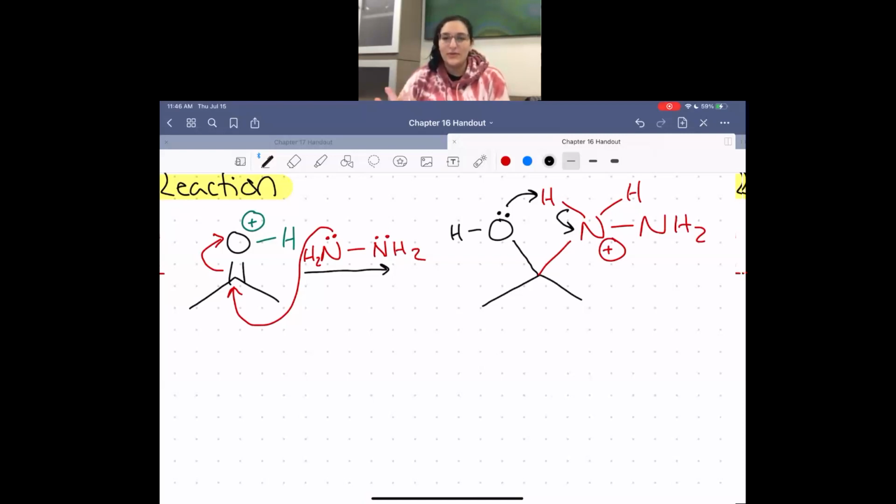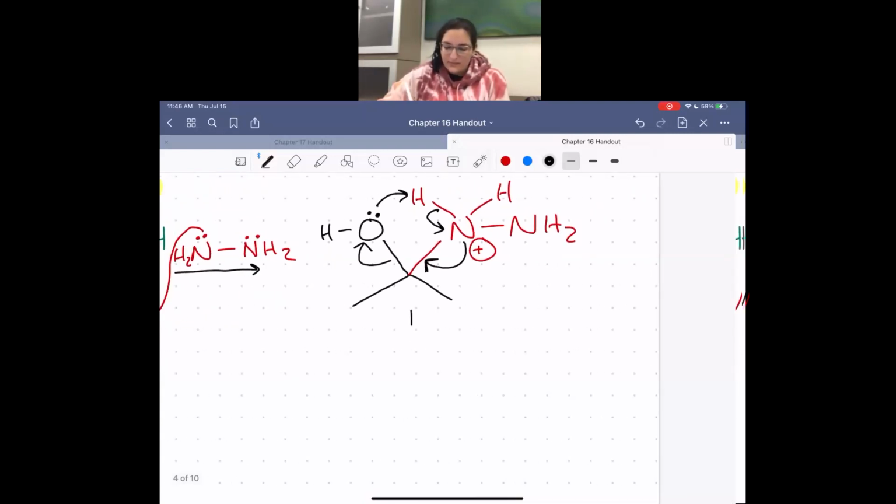And this is where I'm shortening it. So if you get lost, let me know. And then we know that nitrogen uses that lone pair to reform a double bond, and it kicks off the water group. So this looks like so now.